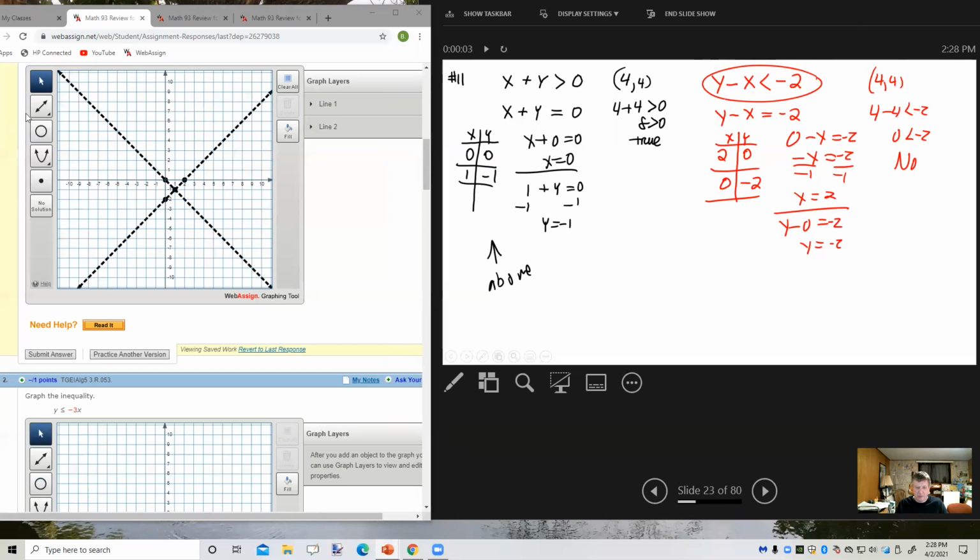So for that second inequality, which is, let's see, I wish we had more than one color on the WebAssign stuff, the second inequality, which is this dashed line here, 4, 4 is not a solution.